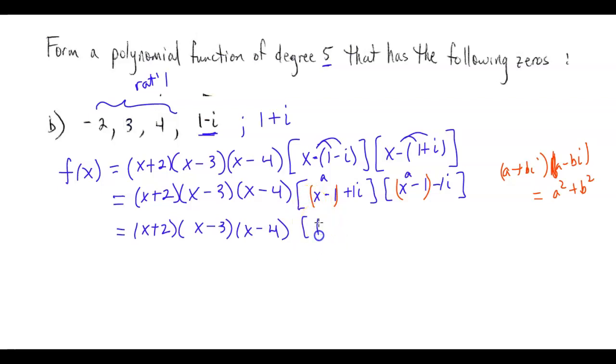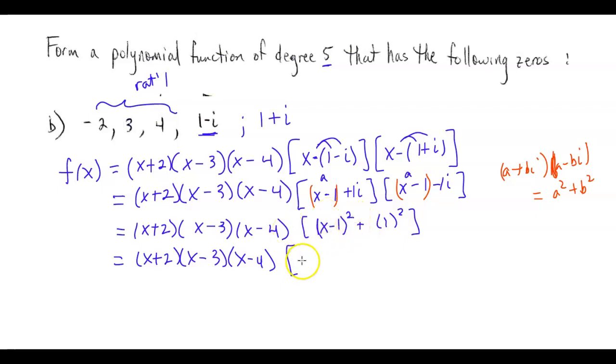So this will be x minus 1 quantity squared plus 1 squared. I'll rewrite this again.